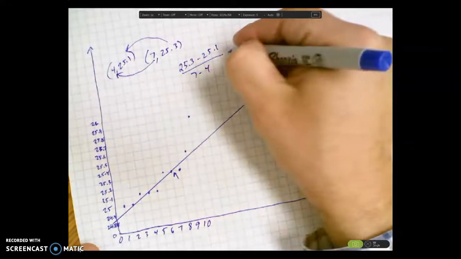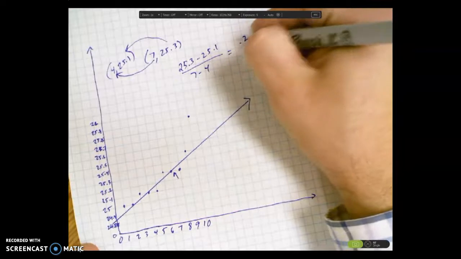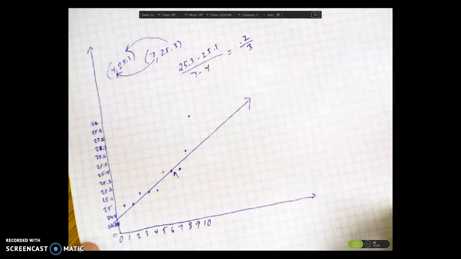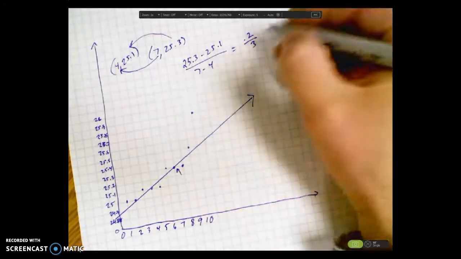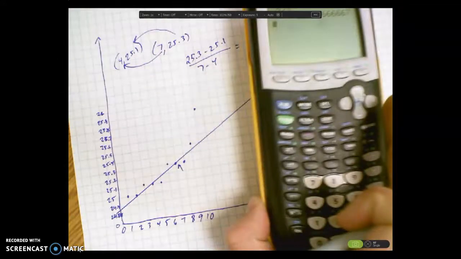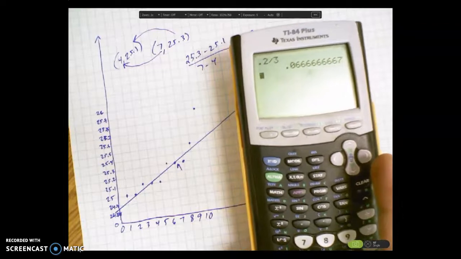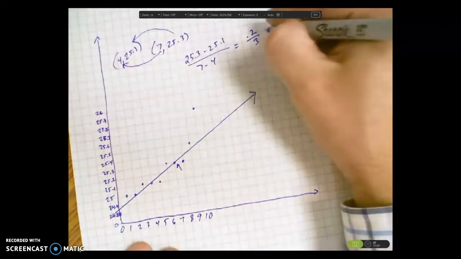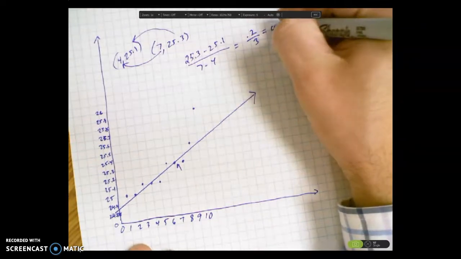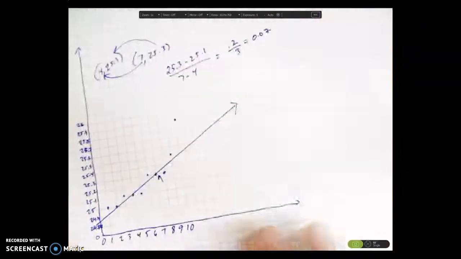That's going to give me 0.2 over 3. When I do 0.2 divided by 3 in my calculator, I'm just going to call that 0.07. So the slope of my line is going to be that.